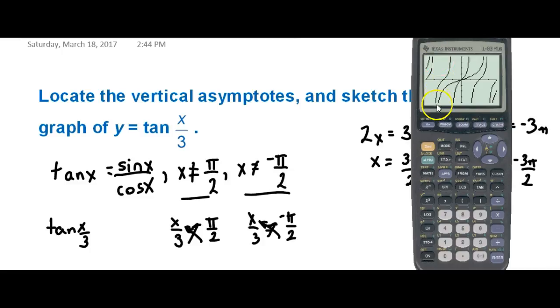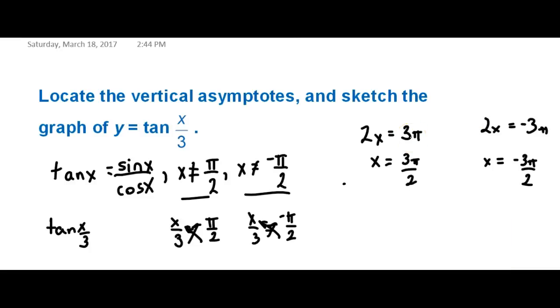This asymptote will be located at negative 3 pi over 2, this one at positive 3 pi over 2, and that's how you find the asymptotes of the tangent function. So if this was negative 3 pi over 2 and this was positive 3 pi over 2, write those in there, then we're going to have our typical tangent function that looks something like that, crossing at the point 0, 0, unless it's been shifted horizontally or vertically.